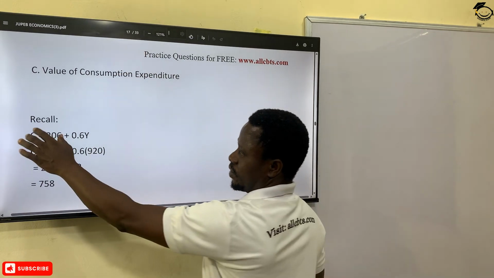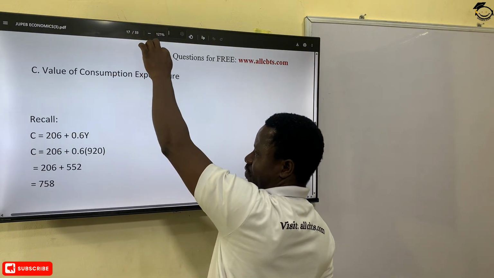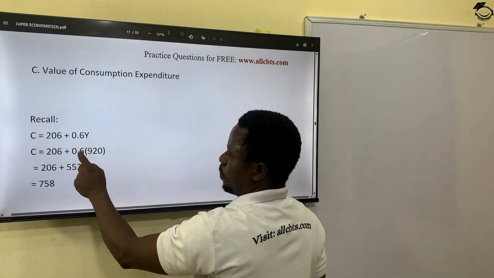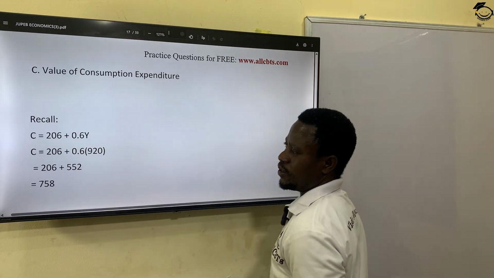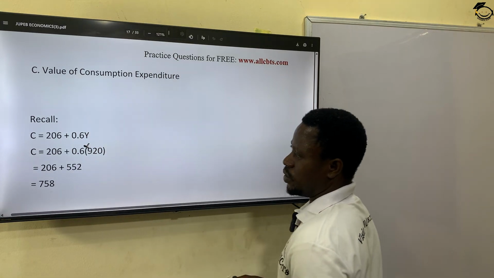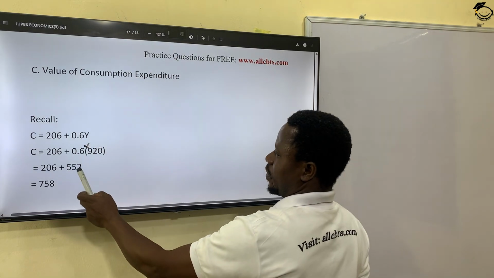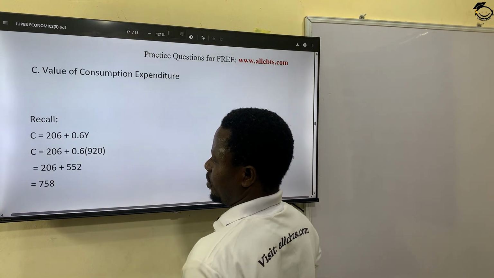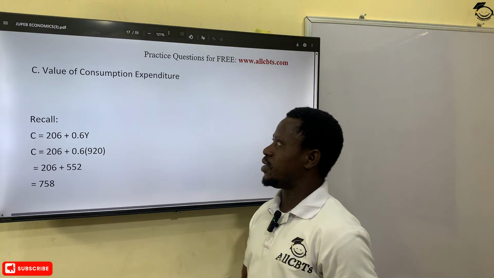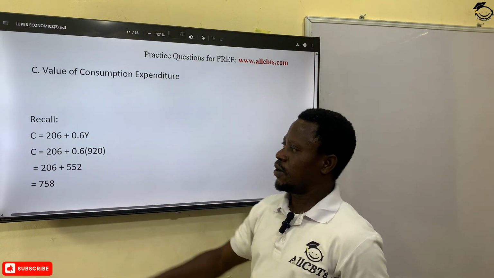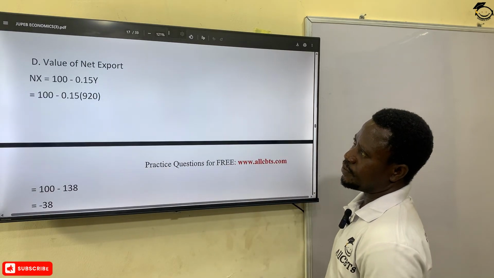So 206 from the equation we derived initially plus 0.6y. Y is now 920. So 0.6 times 920 will give you what? Because the bracket here means multiply. That will give you 552. So 552 plus 206 gives us what? 758. So our level of consumption is 758. All right? Let's go on and see.